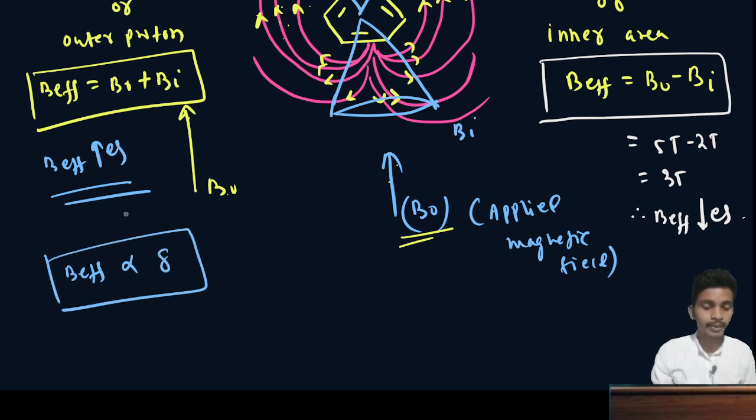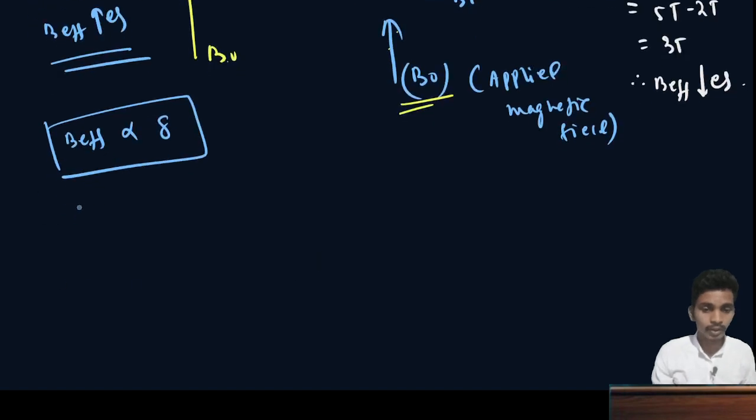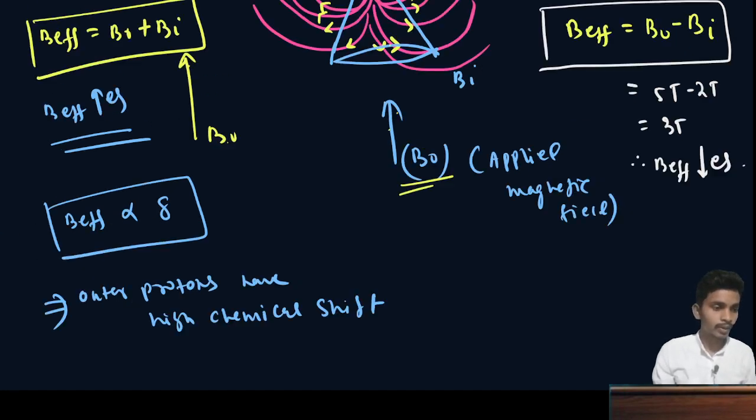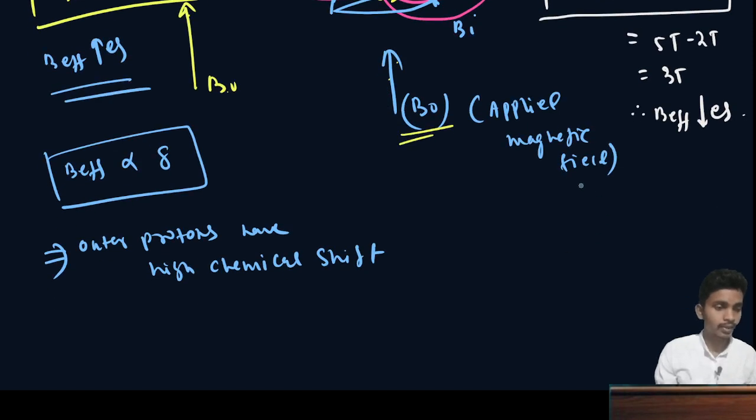It means that if B effective is high, then chemical shift is also high. So the outer protons have high chemical shift, whereas the inner protons, inside the cones, have low chemical shift.